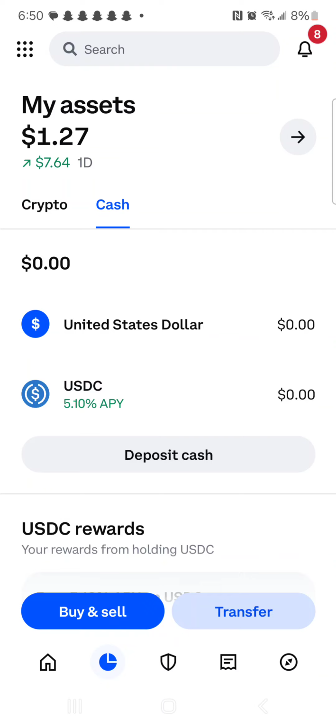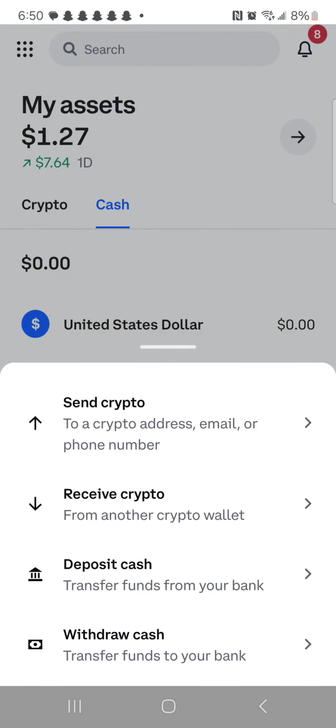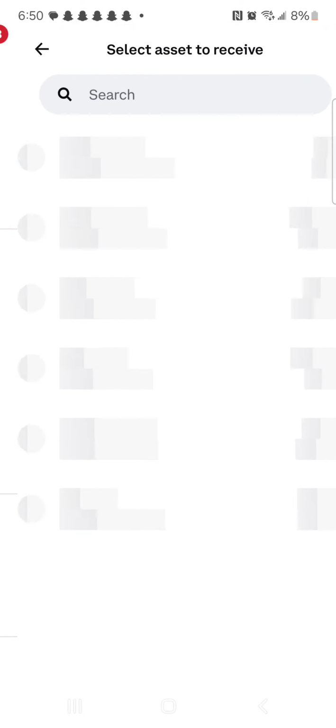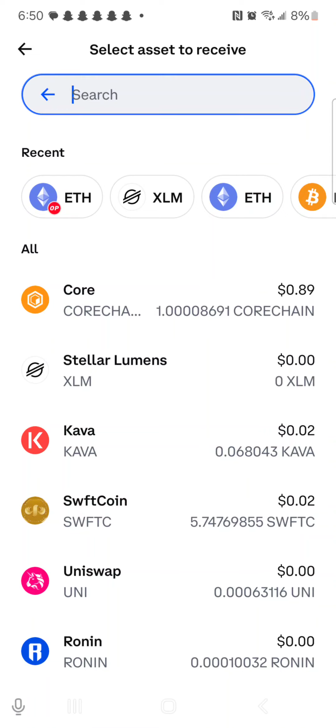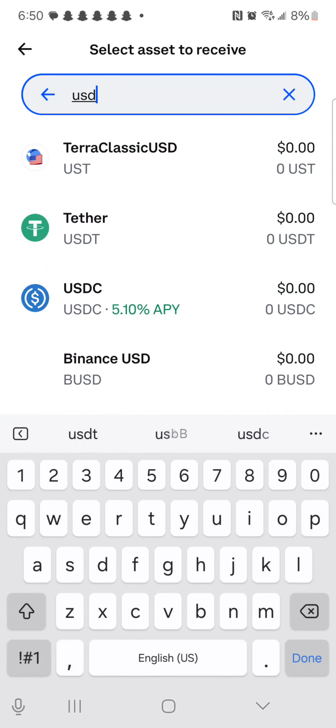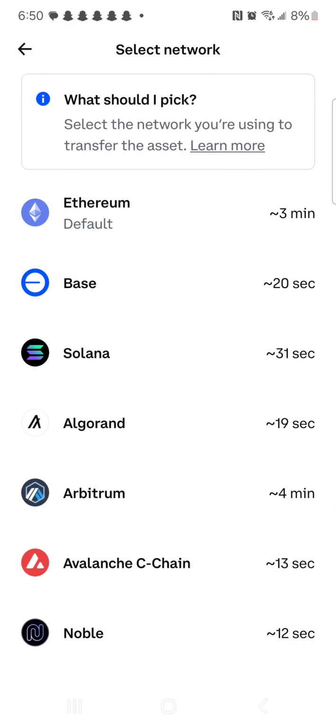Or hit USDC dollar, either one of these in depositing, because you would hit transfer, receive. It would still be considered crypto, USDC. Click into it, and then choose what chain you're going to be doing it off of.